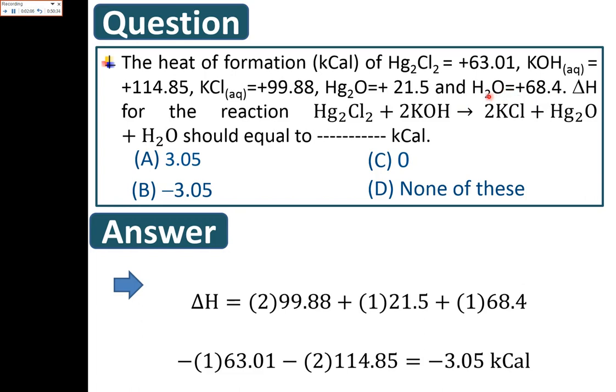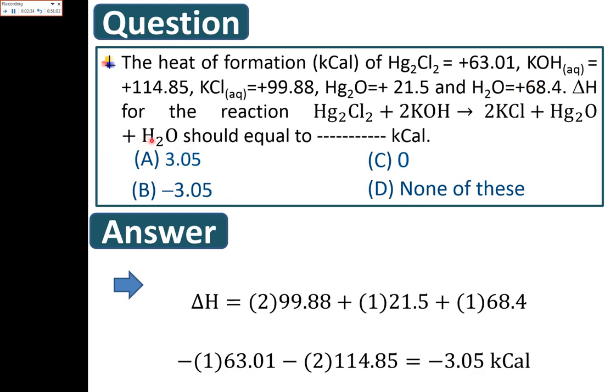Actually, water is not given here. We need the delta H formation of mercurous chloride, which is 63, and the potassium hydroxide. So we need to revise this value.